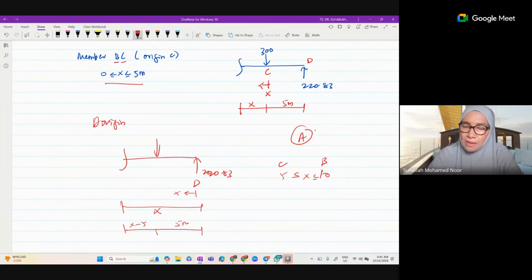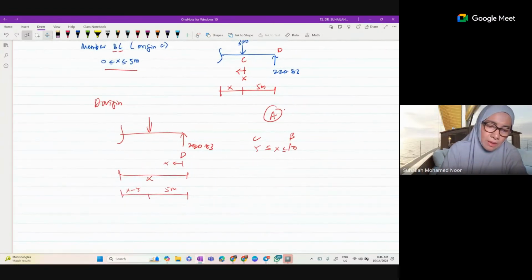Yang ni yang biasanya saya jumpa ada kesilapan bila student buat, dia confuse. Kalau you tak confuse, you boleh je pilih A. But when you choose A, limit dia akan jadi 5 to 10, bukan 0 to 5. But when we choose B as origin, limit akan jadi 0 to 5. Sama juga kalau we choose C as origin, limit akan jadi 0 to 5 juga. Okay, so semua ni boleh.